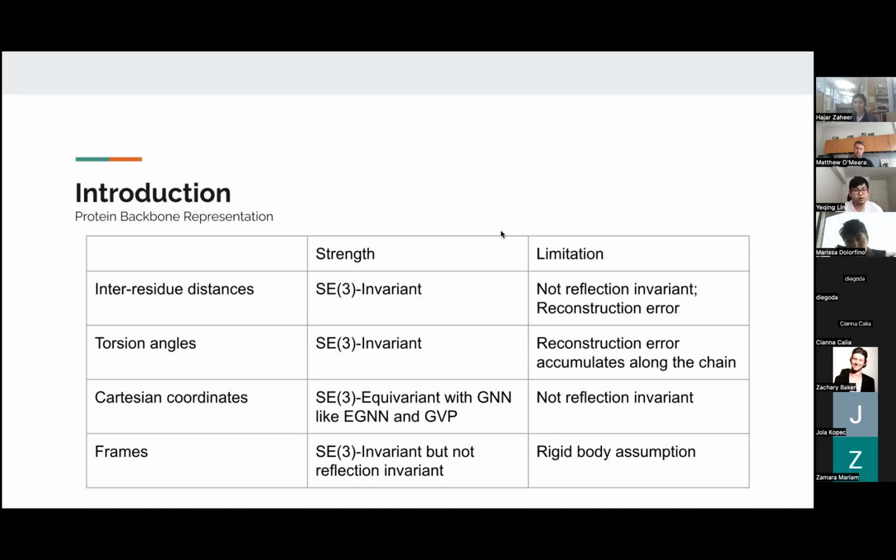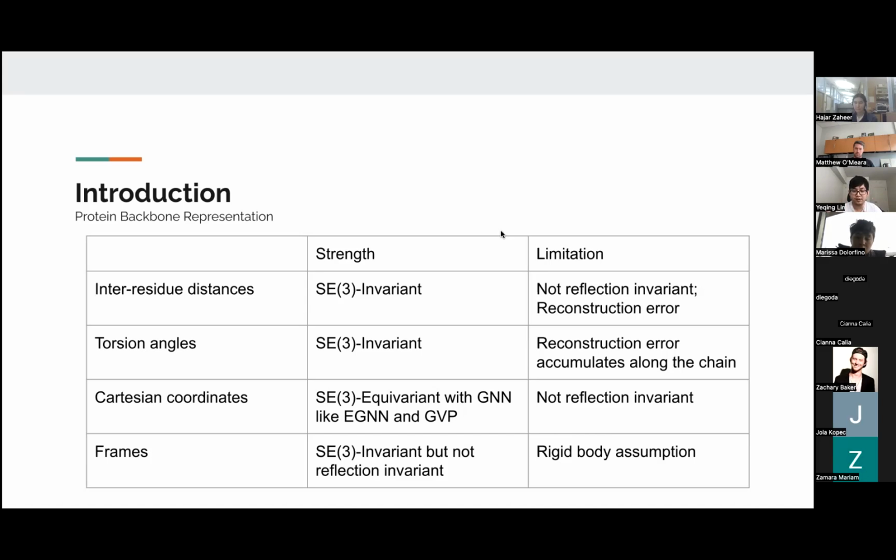And I want to get to the most recent one, the so-called frame representation, which makes the rigid body assumption like AlphaFold 2 made, which means that you consider each residue in the backbone as a rigid body, centered at a C alpha atom, and forming a frame with the N, C alpha, and C atoms. Those three atoms give you a rotation matrix. The assumption is that the bond lengths between the C alpha and N atoms and between the C alpha and C atoms are relatively fixed.